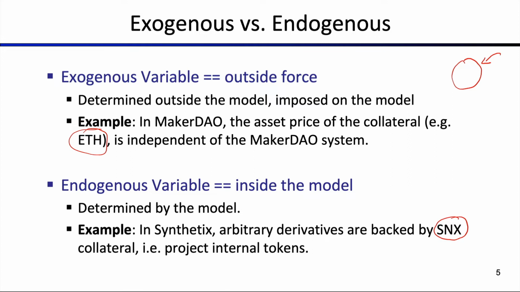So-called synths. This is a project-internal token, hence you could say it's an endogenous variable, right? So I hope this really clarifies how exogenous and endogenous variables come into play and how they might interact with each other.